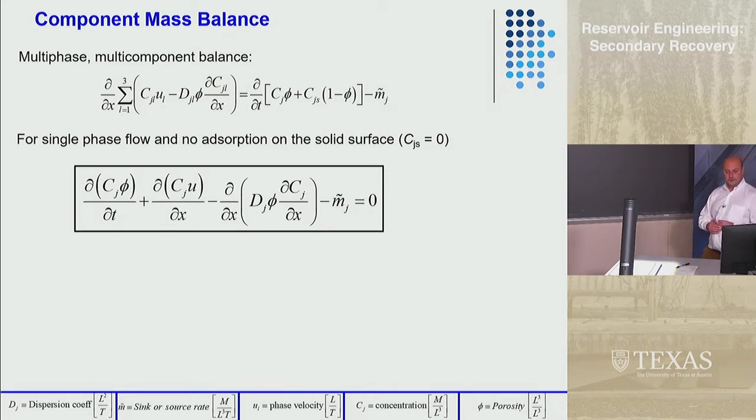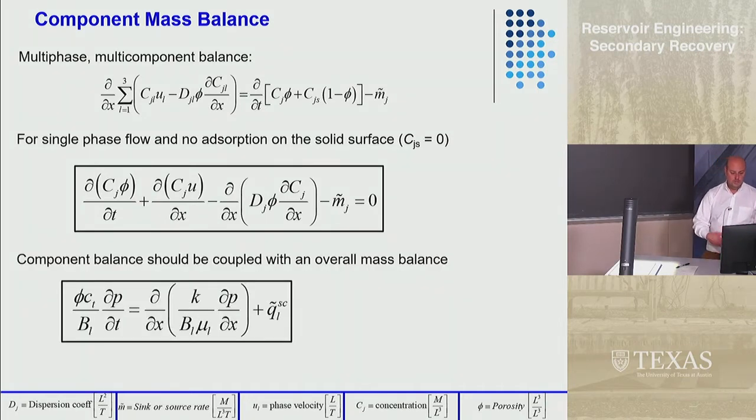To complicate things further, this velocity U might change with space and time, right? The velocity might be a lot larger near wells and in fractures than in other parts of the reservoir. And to determine the velocity, you need to solve the diffusivity equation.